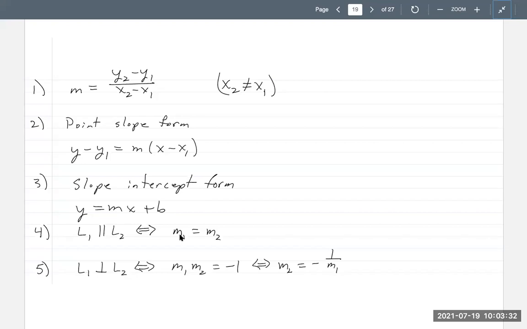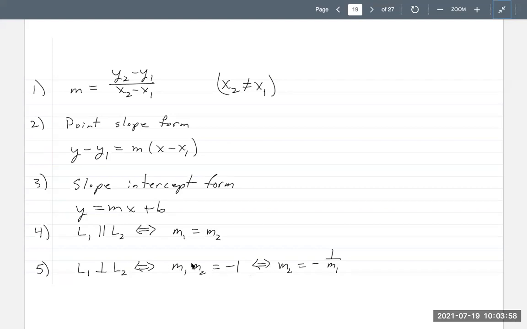So I have to make the assumption that 0 times infinity is -1. Then this is always true. Then you don't have to specify that these are non-vertical and non-horizontal lines. So two lines are perpendicular if and only if the product of slopes is -1.